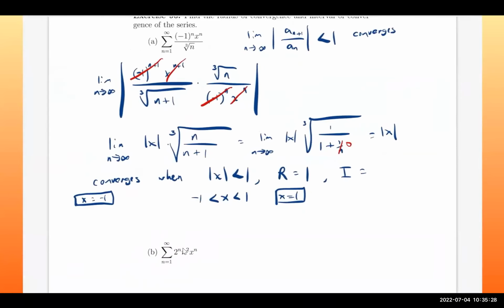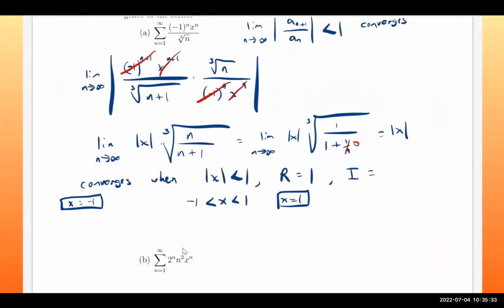So let's plug in -1 for x into the original problem. You're going to get the series of (-1)^n times (-1)^n over the cube root of n. If you plug in +1 for x, you get (-1)^n times 1^n, which is just 1, over the cube root of n.